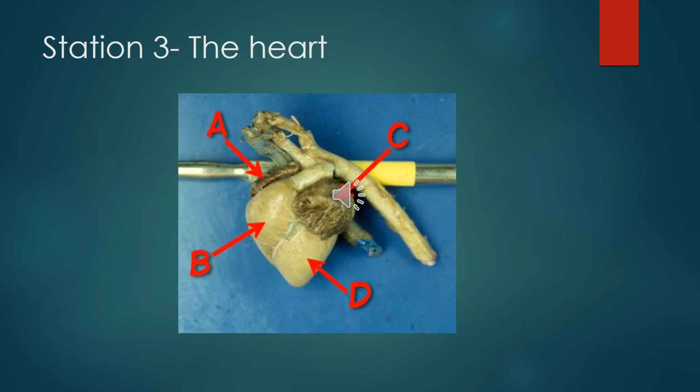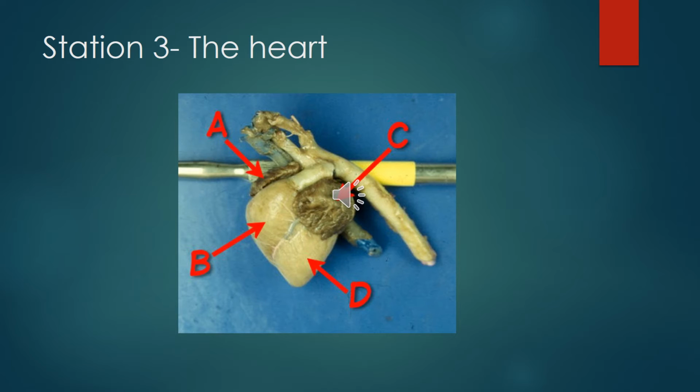Okay, this is the heart. So if you don't know how to spell the things, all the parts of the heart would be on your packet on page 16. You have a ventral and a dorsal view, in other words, the front and the back. If we look at the top, like we are looking now, we're looking at A, which is the right atrium.